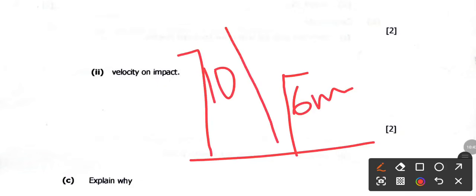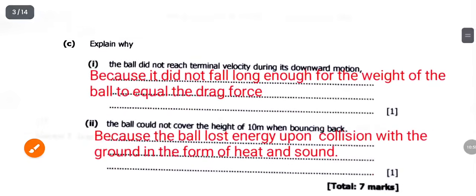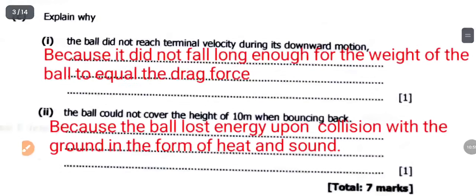So here our answer would be that the ball lost energy upon collision with the ground. So there was an energy transfer in the form of heat and sound. Okay, so I presented my answer to be that the ball lost energy upon collision with the ground in the form of heat and sound energy.